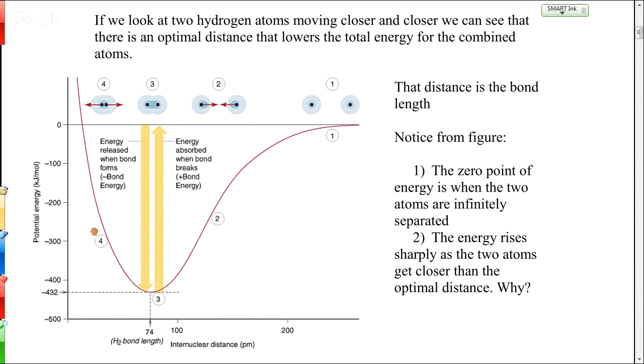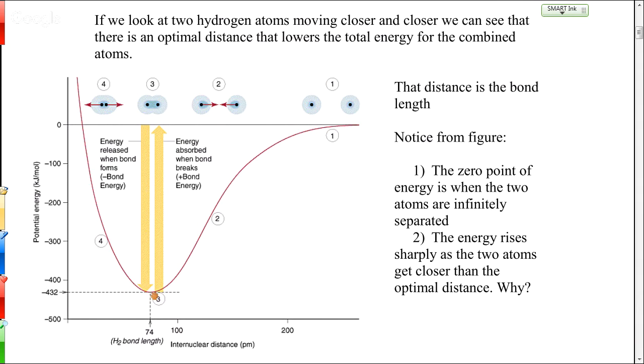What this tells us then is that there is some optimal distance when those two hydrogen atoms are close enough together, but not too close. That stabilizes both atoms together, and that's why there's a big dip. That's really all a covalent bond is: two nuclei being close enough for the optimal energy.